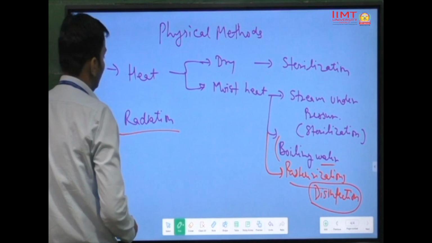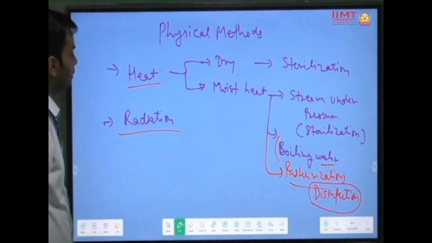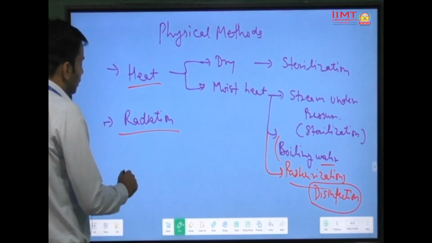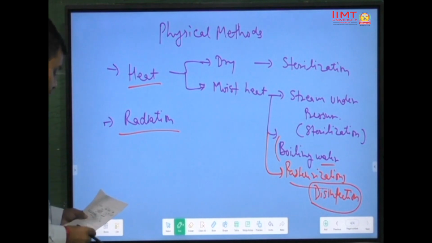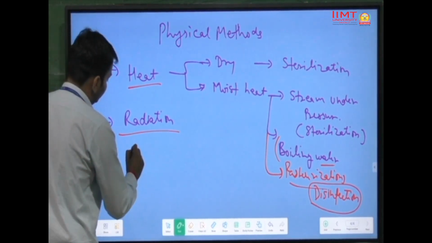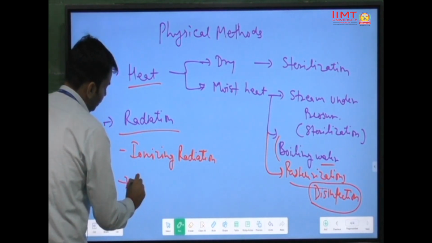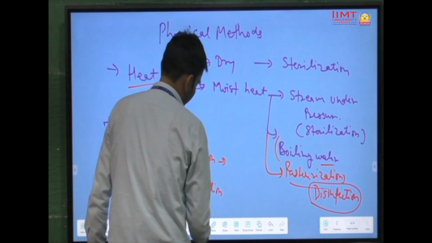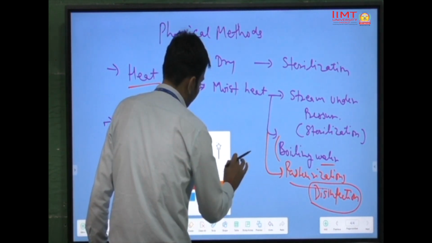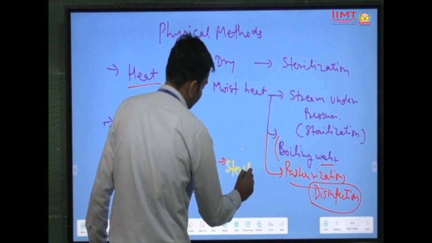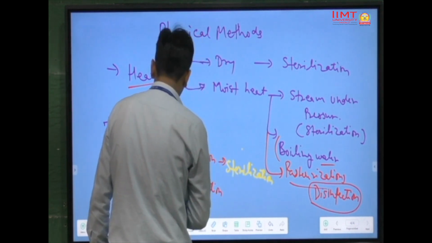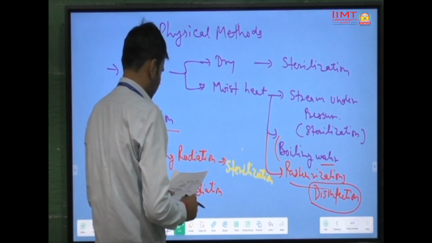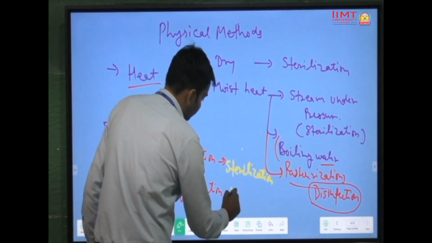The second physical agent, radiation, can achieve disinfection as well as sterilization. Sterilization is done by ionizing radiation, and disinfection by non-ionizing radiation. Ionizing radiation is used for proper sterilization, whereas non-ionizing radiation is only used for disinfection.